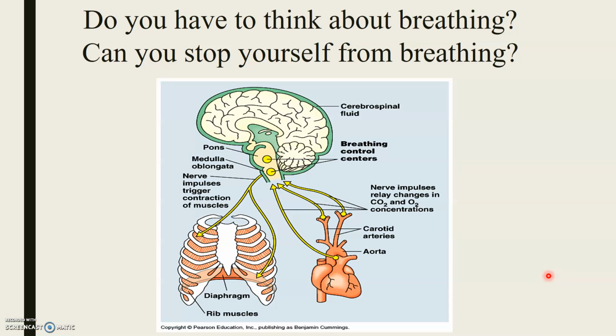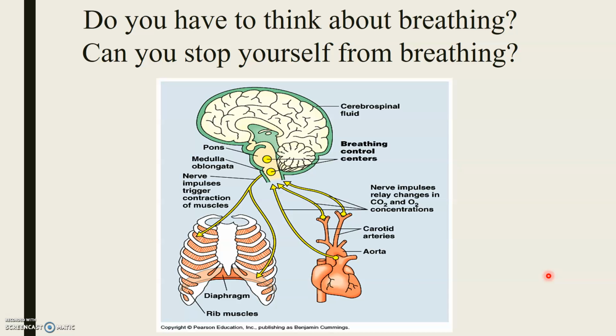But once your brain gets so oxygen deprived that you lose consciousness and pass out, your body will automatically start breathing again. And so while you can decide to stop breathing for a limited time, your body will reset and make you start breathing. This is because breathing is actually controlled by what's called the autonomic nervous system.